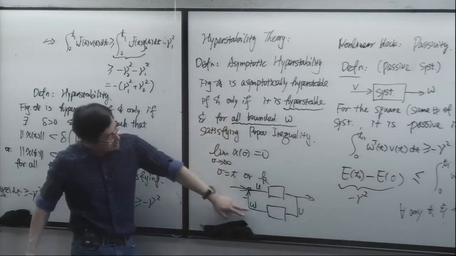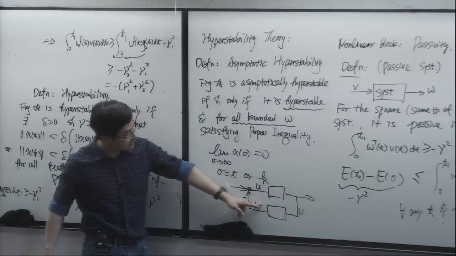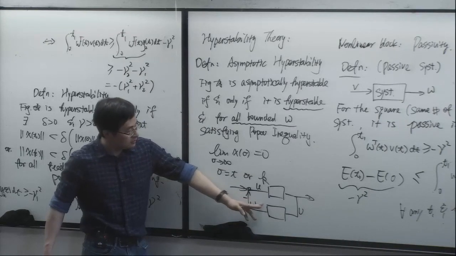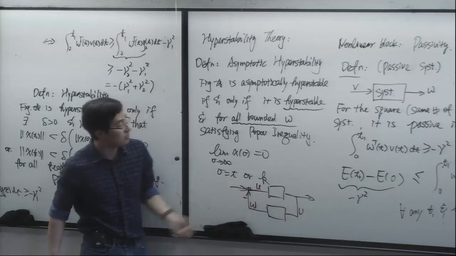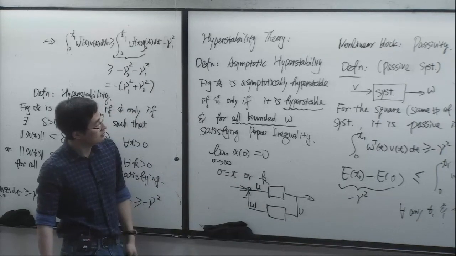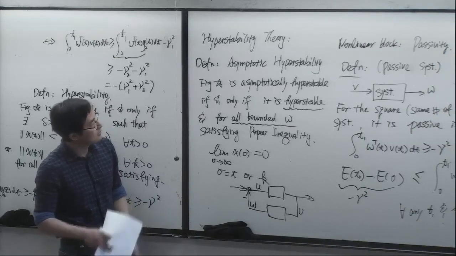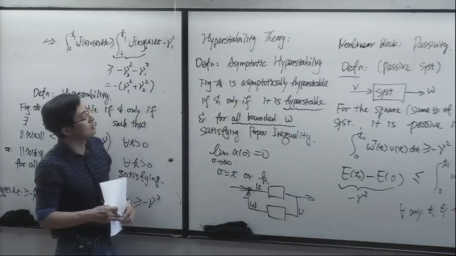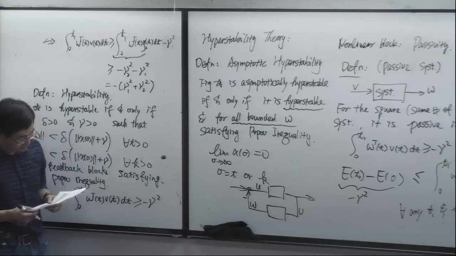So the feedback channel signal must be bounded. Effectively, that's saying we shouldn't put something that's infinity into the linear time invariant block here. Then the system is going to be hyperstable, asymptotically hyperstable, with all the states going to 0.